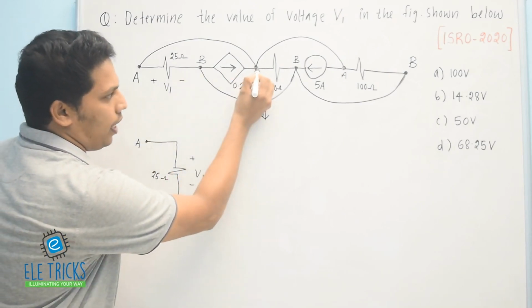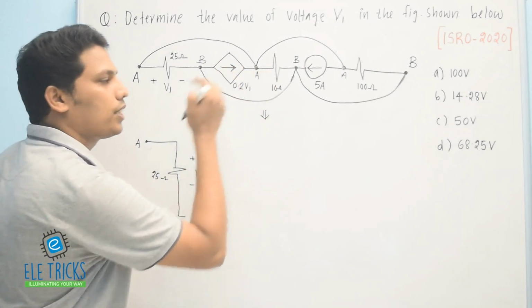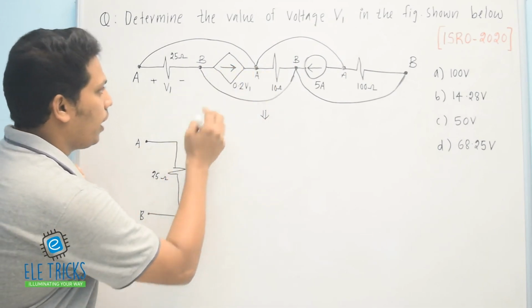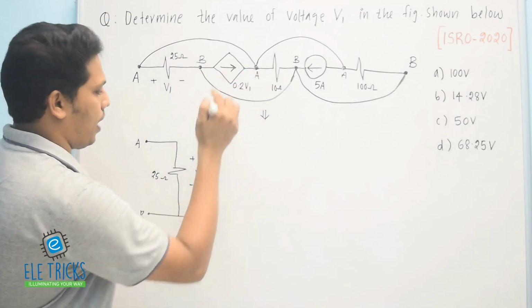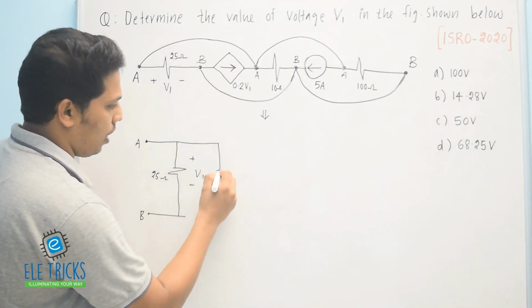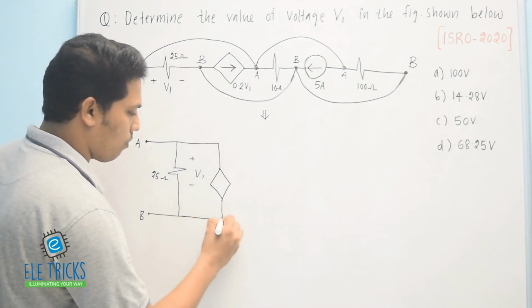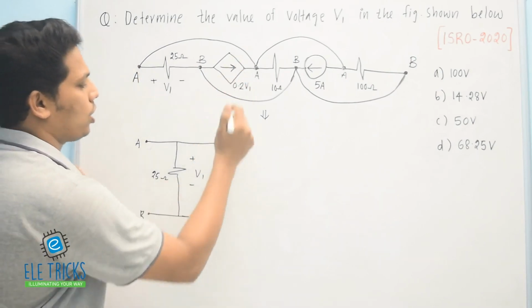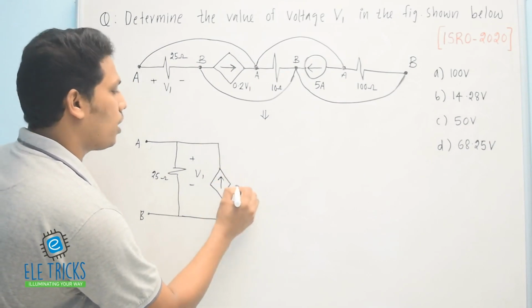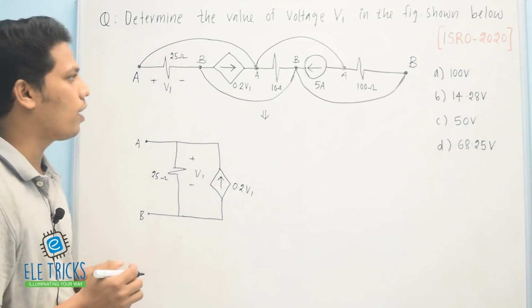Then B to A a dependent voltage source, with the direction towards A, right? So it is again between B and A. This is a dependent voltage source. The direction is towards A. The value is 0.2 V1.